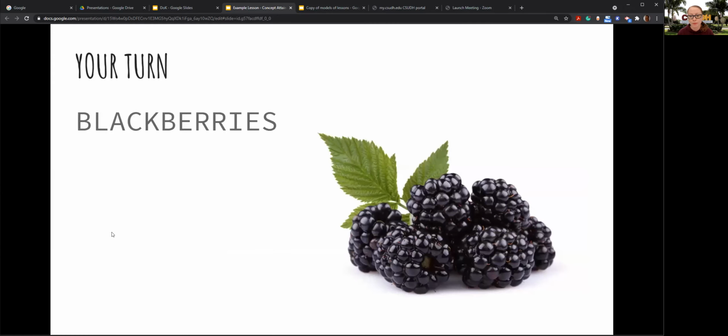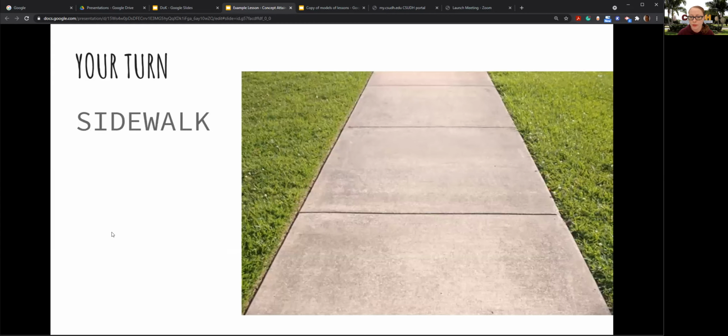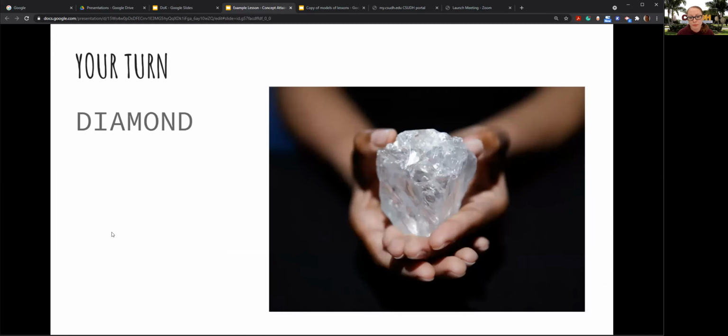Some of these are tricky. Blackberries. Yes or no? River. Yes or no? Would a river be a yes or a no? Sidewalk. What do you think? How about diamond? Would that be a yes or would it be a no?